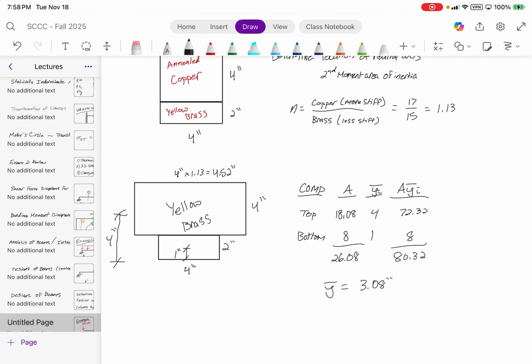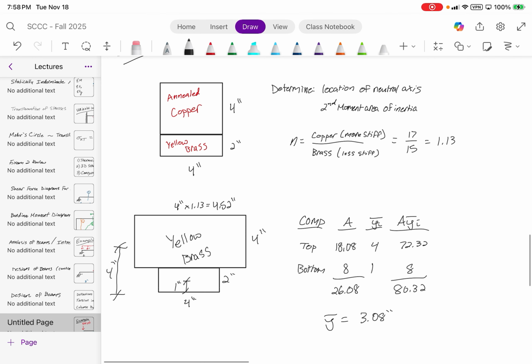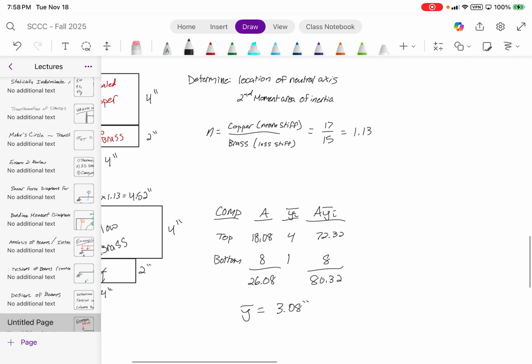So that kind of makes sense to me. I mean, the elastic moduli are relatively the same, so there shouldn't be too drastic a shift in the location of the neutral axis. But it is definitely slightly higher just because this material up at the top is slightly stiffer. From here, I just like to separate these values.